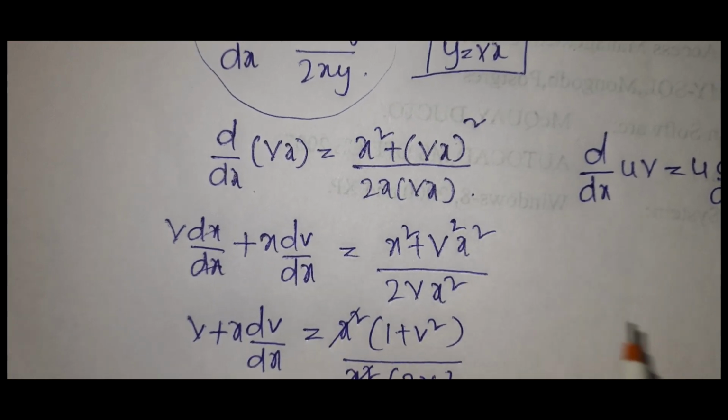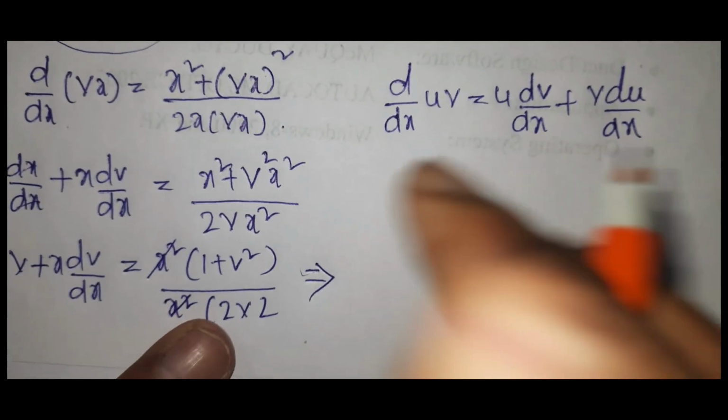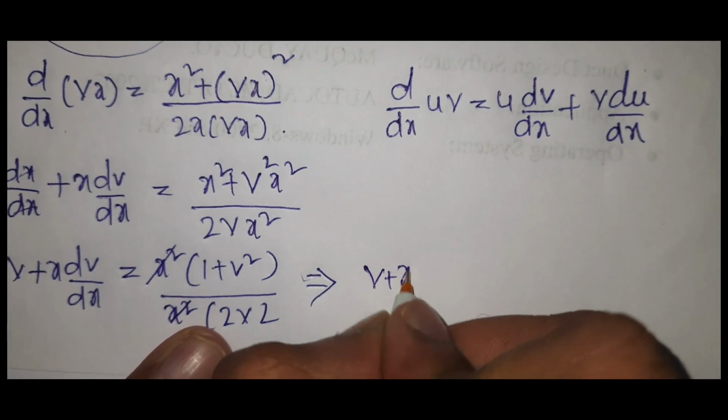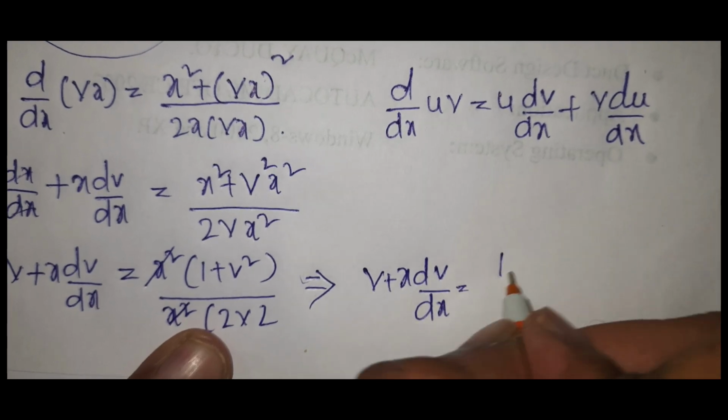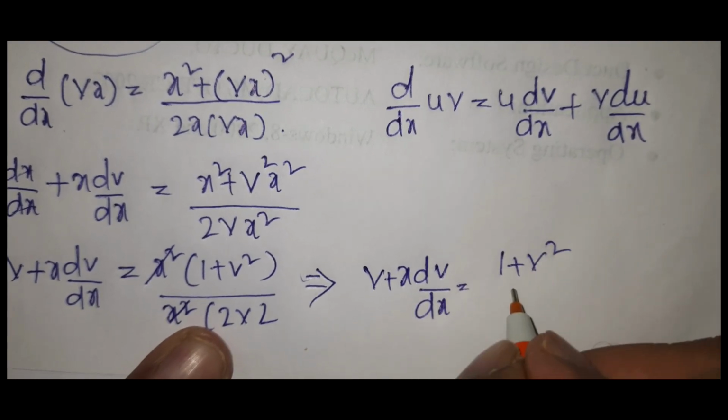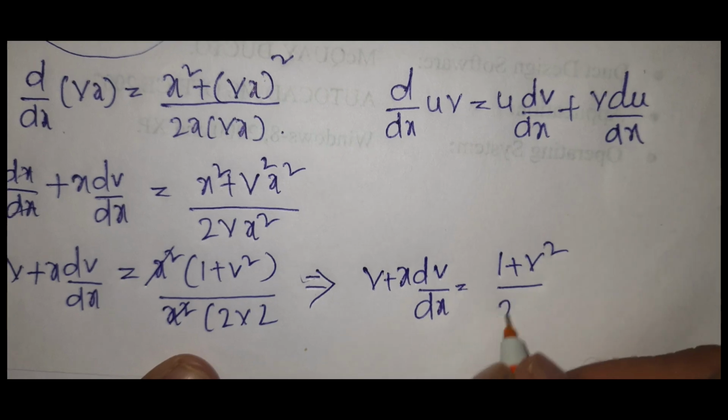Cancel x square. What we get here is v plus x dv by dx is equal to 1 plus v square by 2v.